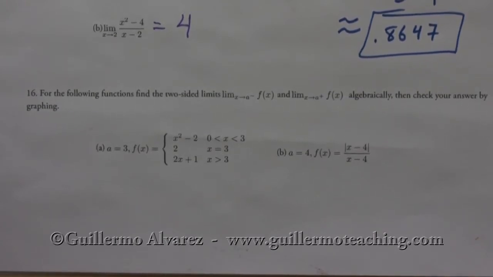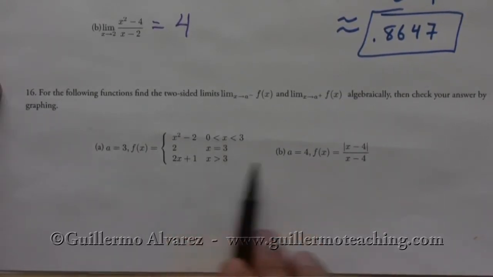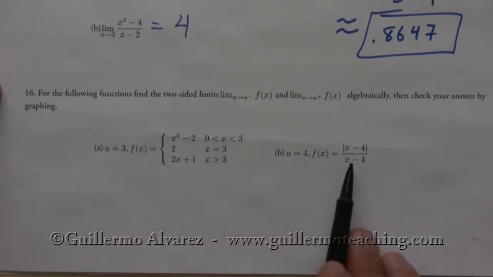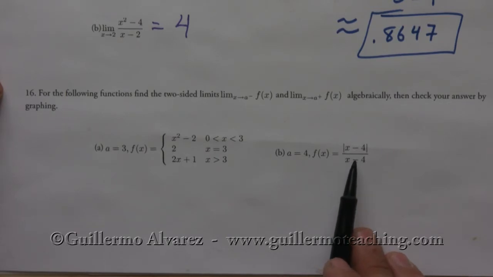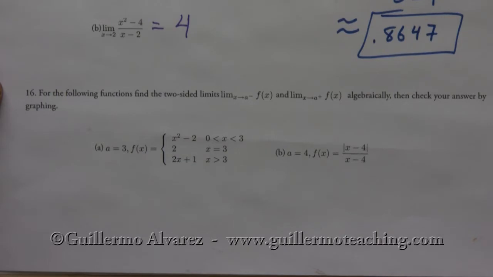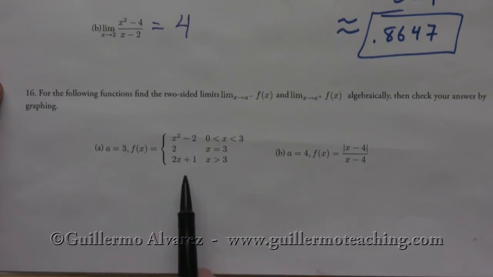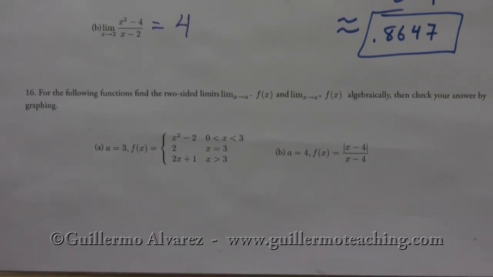Okay, so for the next two problems, we have a piecewise function here, and this one we're going to have to convert it into a piecewise function so that we could see what the limit is. But let's do this one first.